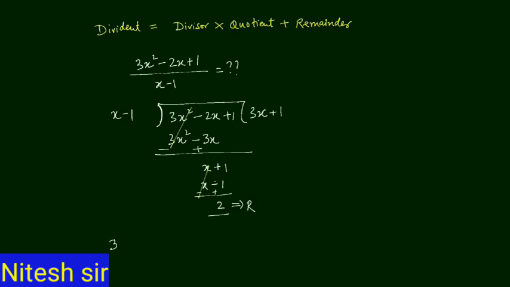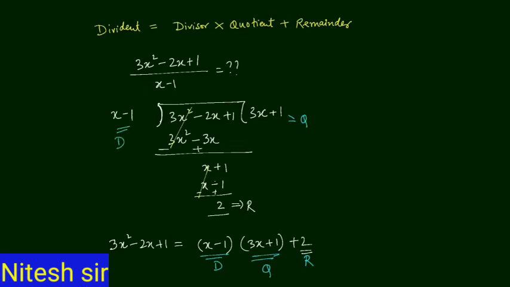It means we can describe 3x square minus 2x plus 1 as x minus 1 times 3x plus 1, and plus 2, because this is the remainder. So again, if we equate these factors, the divisor and quotient, equal to 0, divisor is x minus 1, quotient is 3x plus 1.